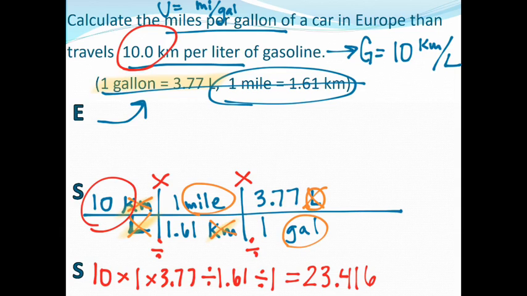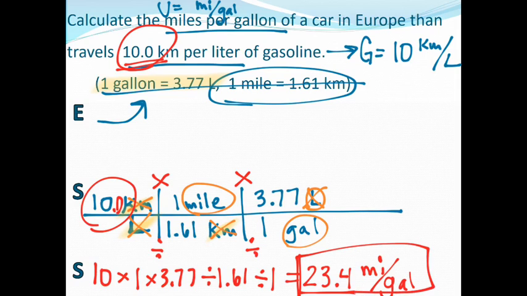But the number I was given here had 3 significant figures, and so I really should have kept those numbers because they were important. So if that was 3 significant figures, that means I just want to keep these 3 significant figures. So I'm actually going to just erase the last couple numbers because I'm running out of space to rewrite things. So I've got 3 significant figures and my units, miles per gallon. And now this is our full, complete answer.